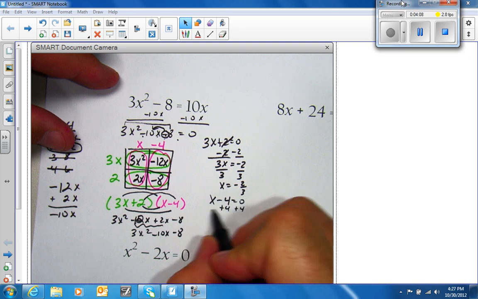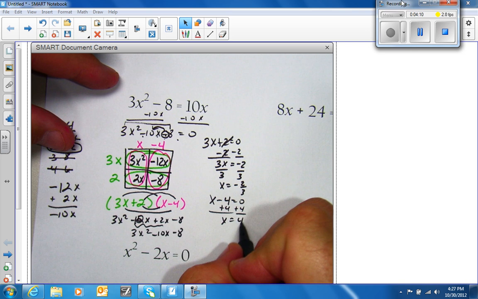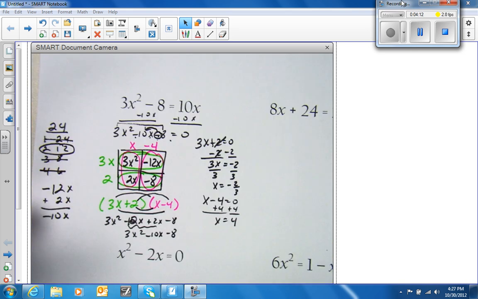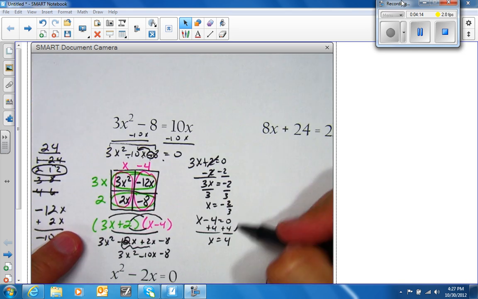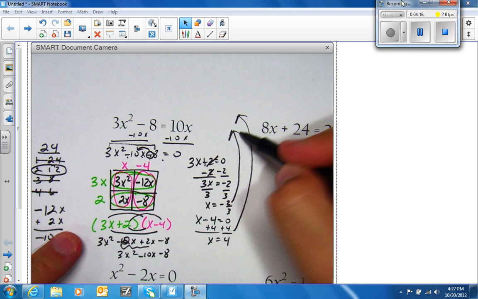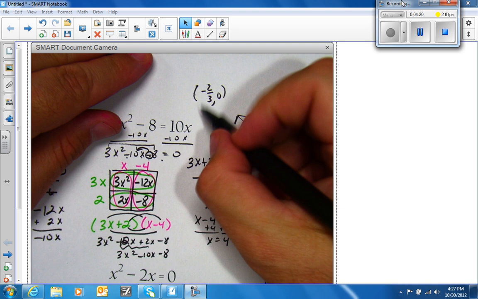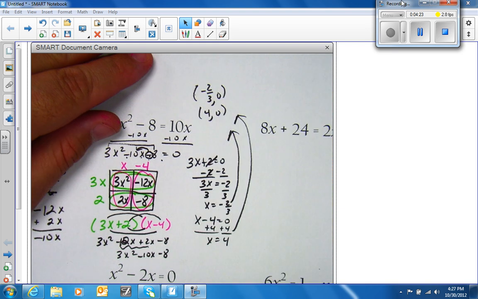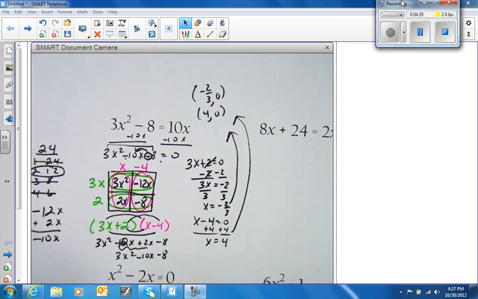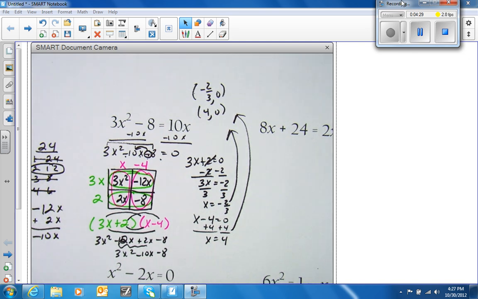Add the 4 to both sides. x is equal to 4. So by doing that, you're able to show that negative 2/3, 0 and 4, 0 are two of your roots. Okay? All right. That's problem number 1.